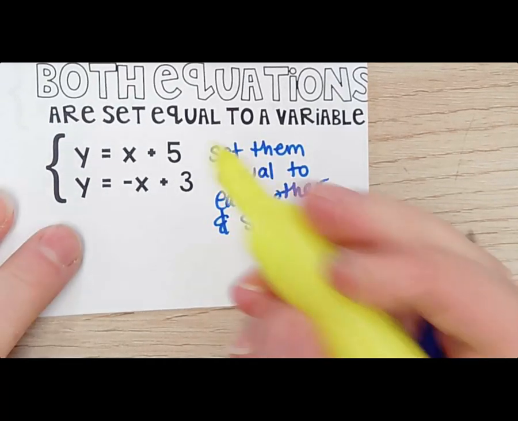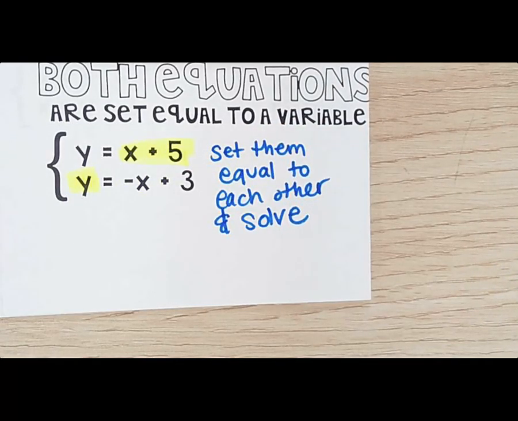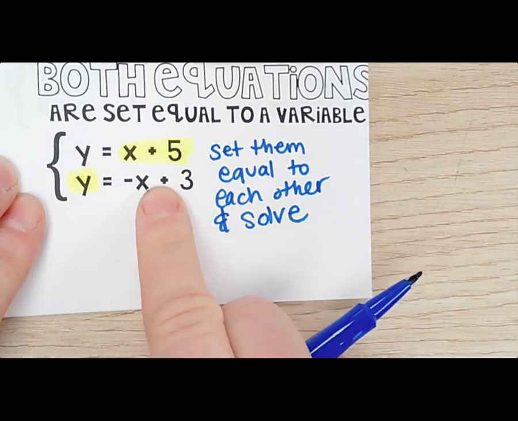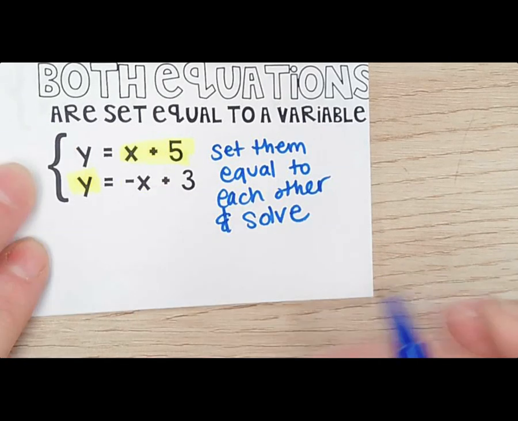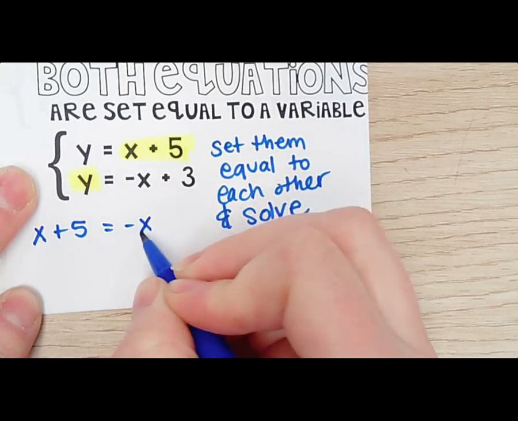Basically, you're putting in this for this, or vice versa. So it's x plus 5 equals negative x plus 3.